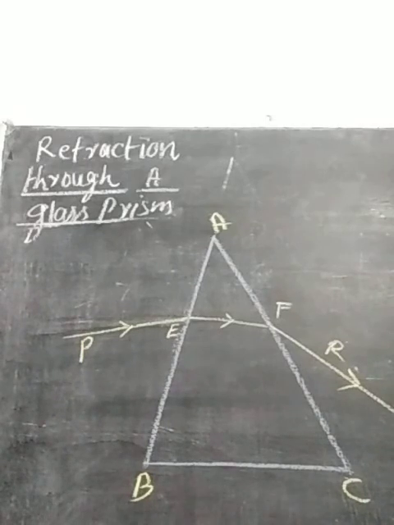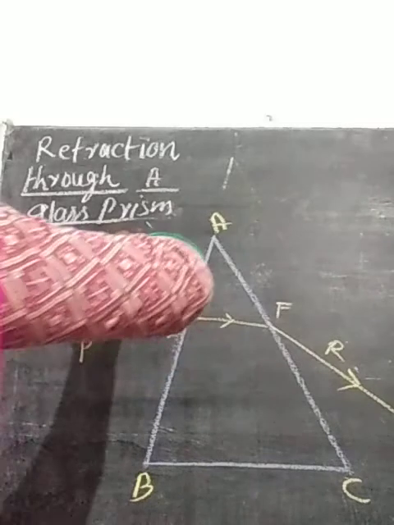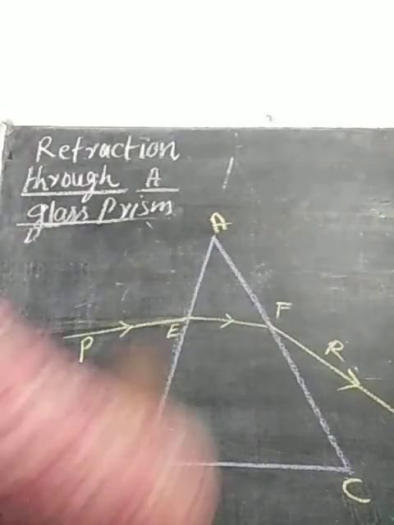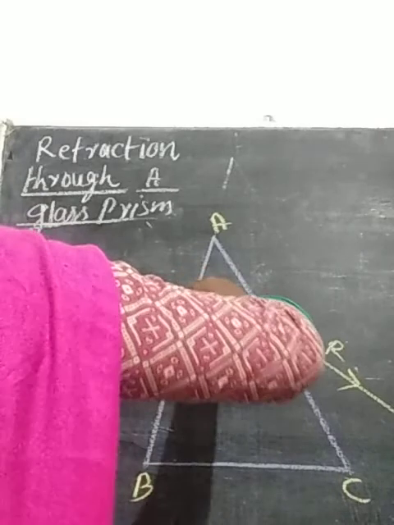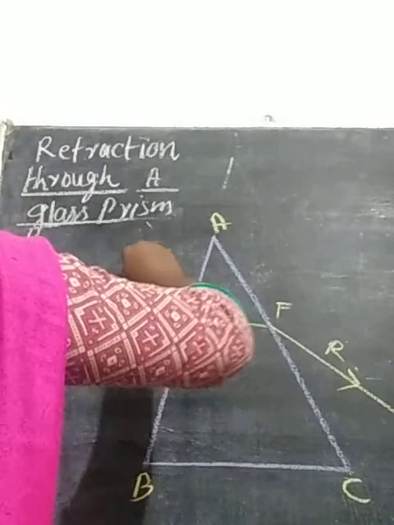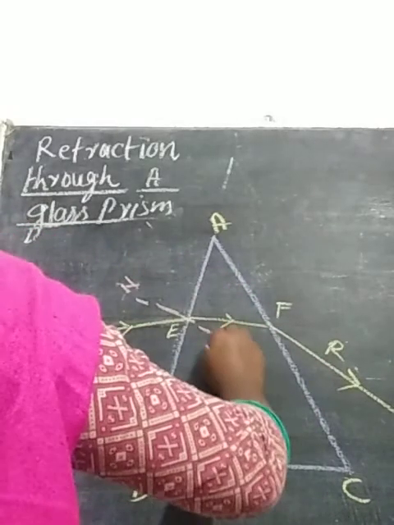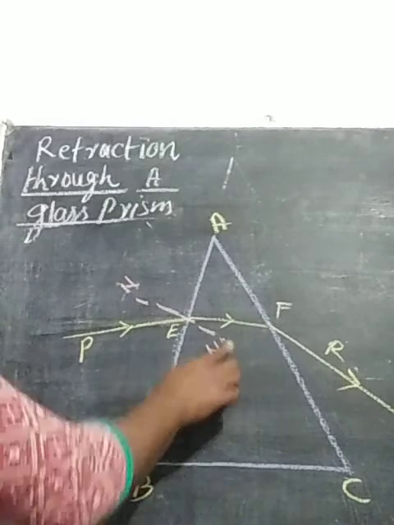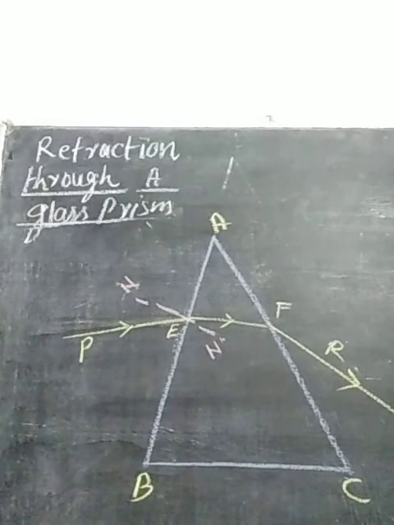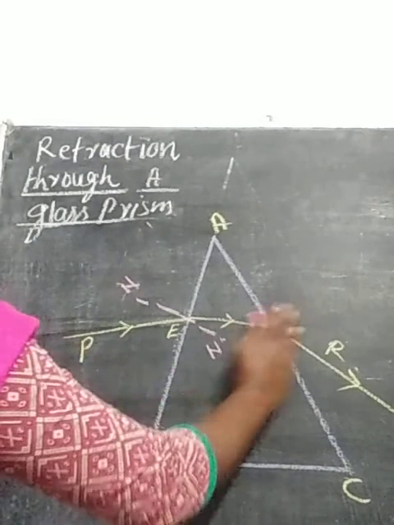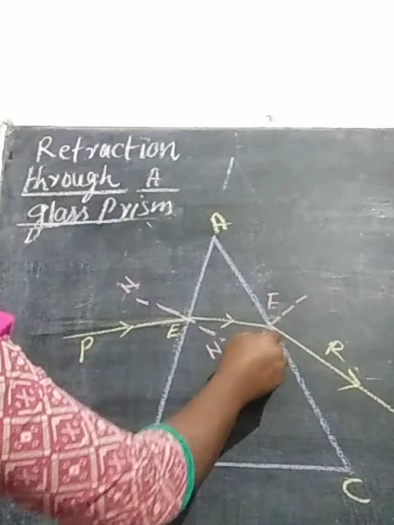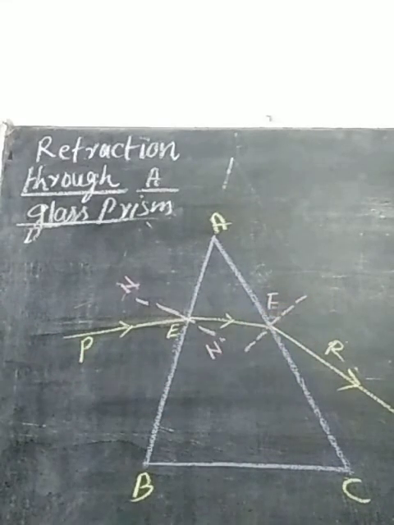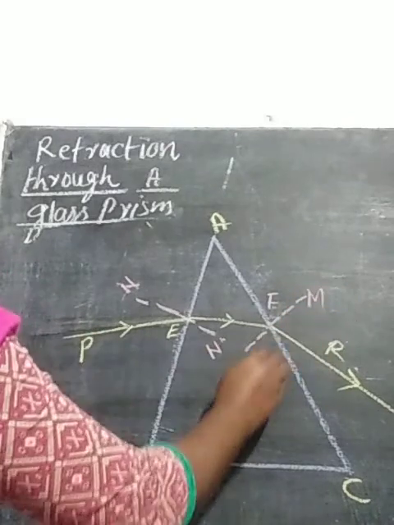Here I can mark the first normal. I can draw a normal at the point of incidence on this first face. So this is the normal drawn at the first point of intersection E. N dash is the normal drawn at the first point, and in a similar way I can draw a normal at the second point F. Let me name it M dash.